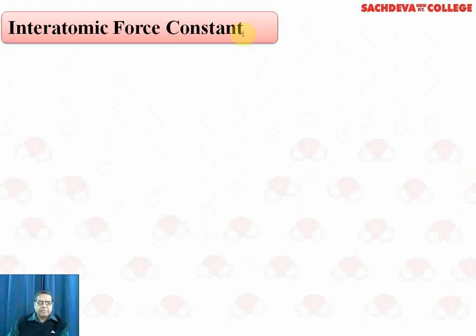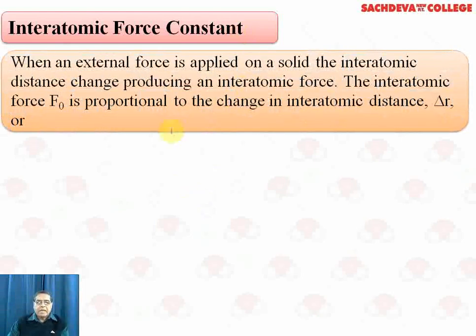Now the main concept is like this. When an external force is applied on a solid, the interatomic distance changes, producing an interatomic force. Normally these forces are attractive forces among the atoms of the wires or rods. They are called the metallic forces.